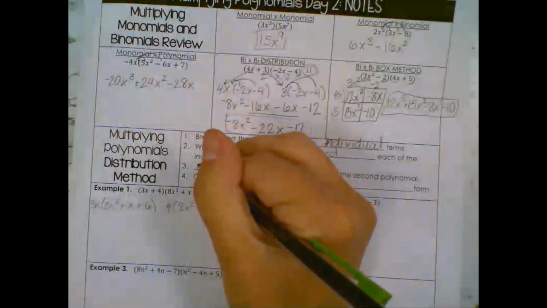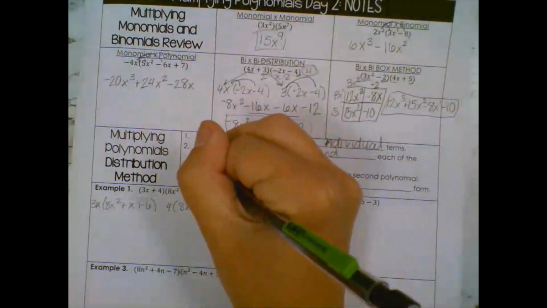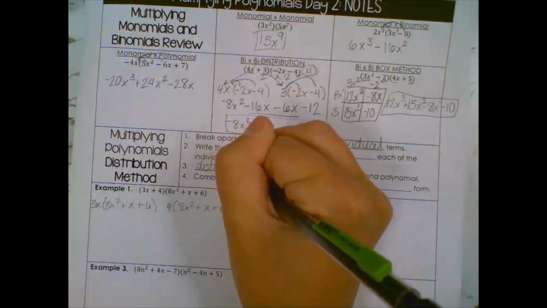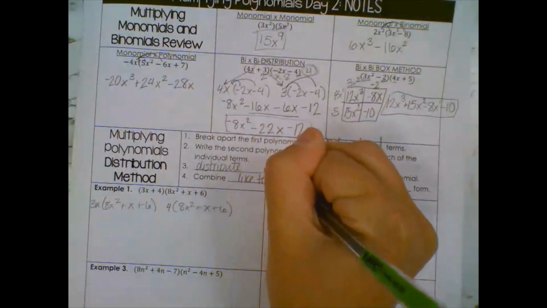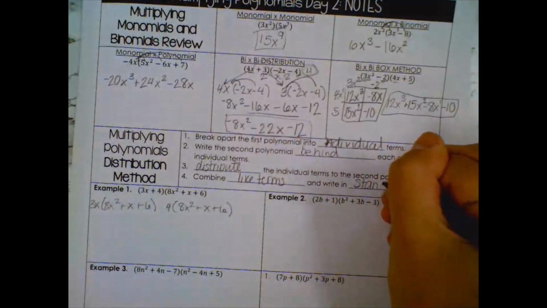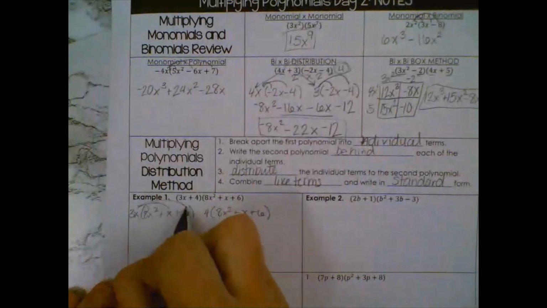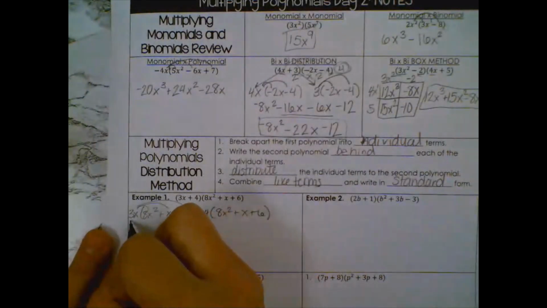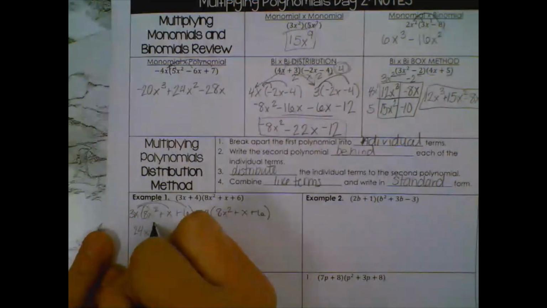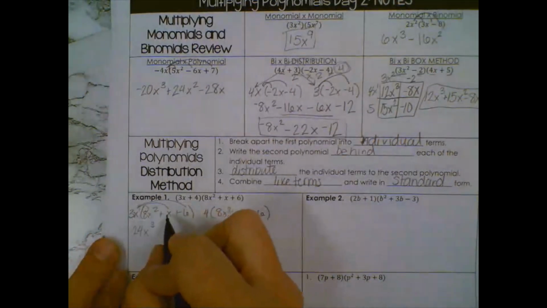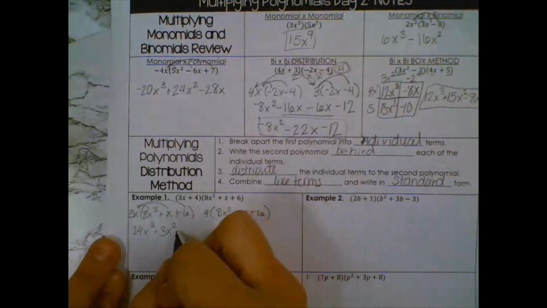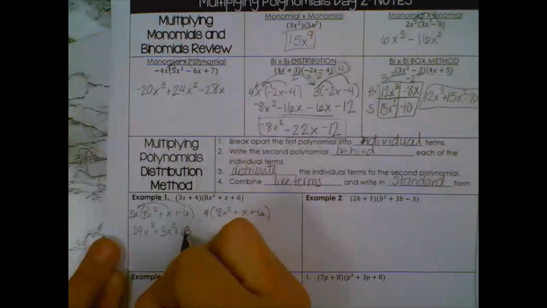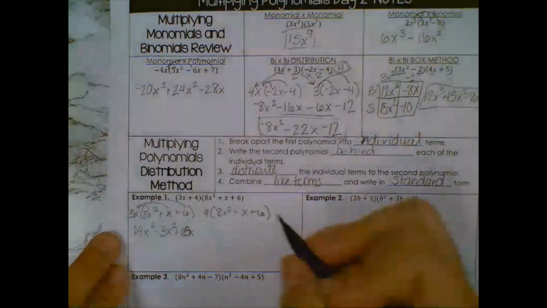Then we're going to distribute the individual terms into the polynomial and then combine like terms and make sure it's written in standard form. So I'm going to distribute, same rules as before. 3 times 8 is 24, x to the third because we added 1 and 2. 3 times 1 is 3, x squared. 3 times 6 is 18, and that stays as an x.